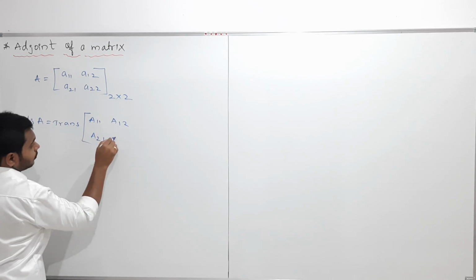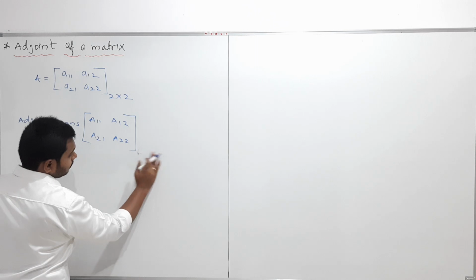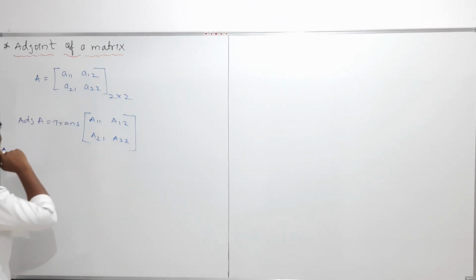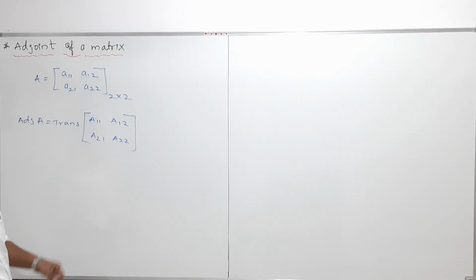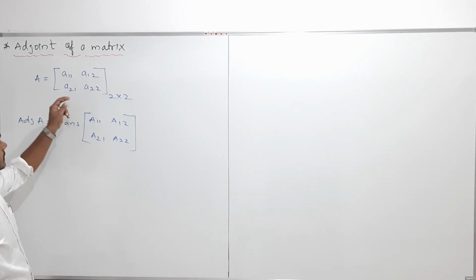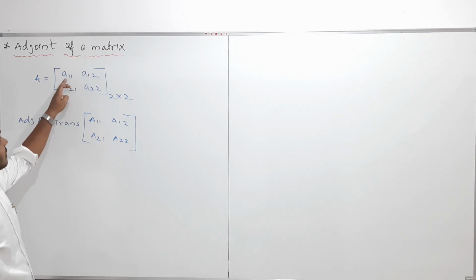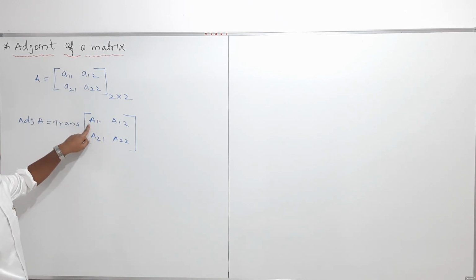A12, A21, A22. So what is the definition of the adjoint of a matrix A? Adjoint of A is nothing but the transpose of the cofactors of each element. First we should consider each element's cofactor. A11 cofactor will be denoted as capital A11.